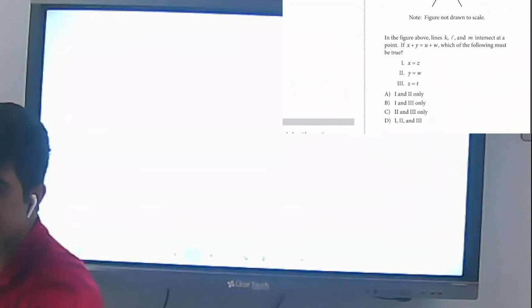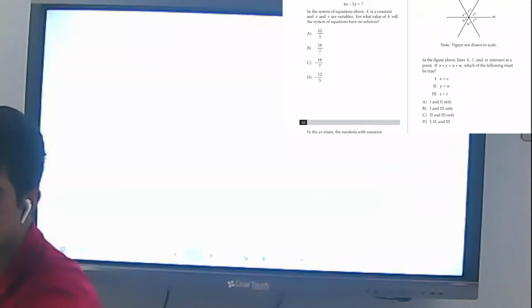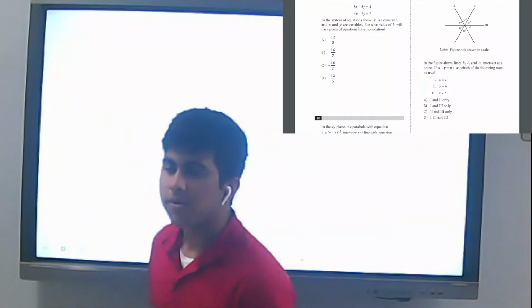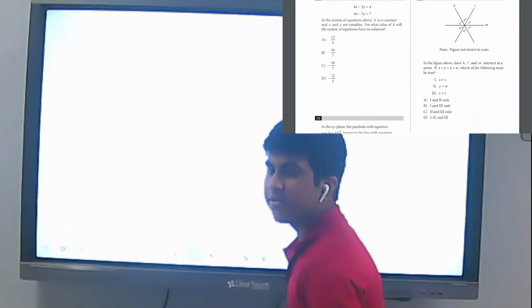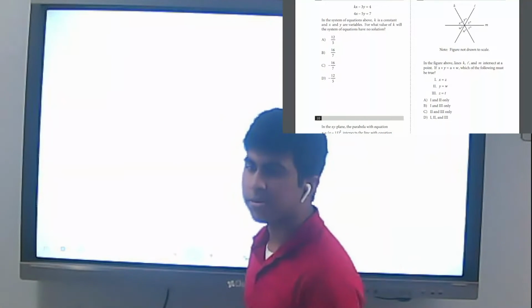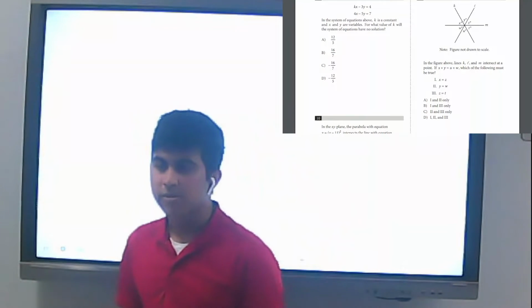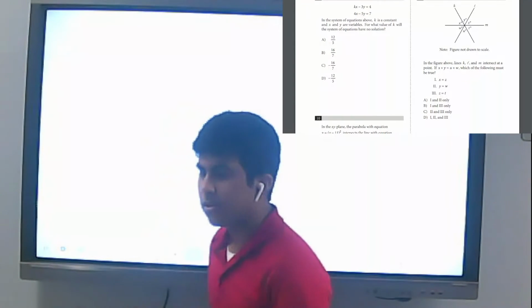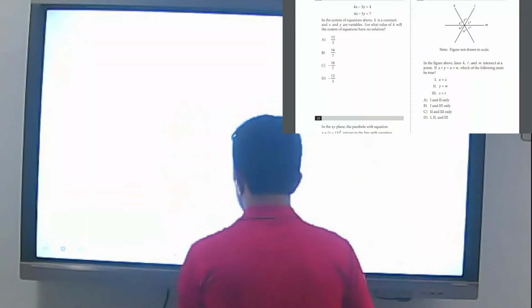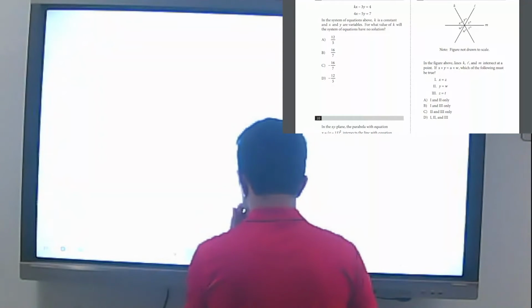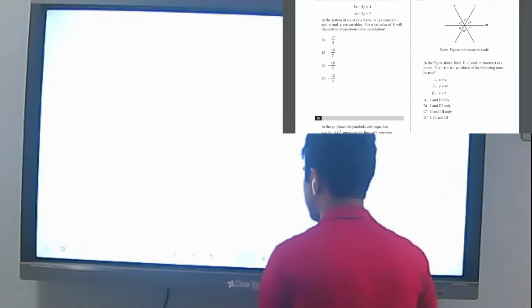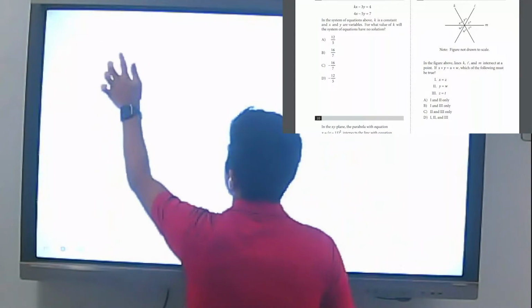Okay. Oh, this is long. Okay, in the figure above, lines K, L, and M intersect at a point, and x plus y equals u plus w. Which of the following must be true? Well, let's see. What do we have? So let's draw out these lines. Do I have a draw line function on this thing? I do not have a draw line function on this thing. Okay.